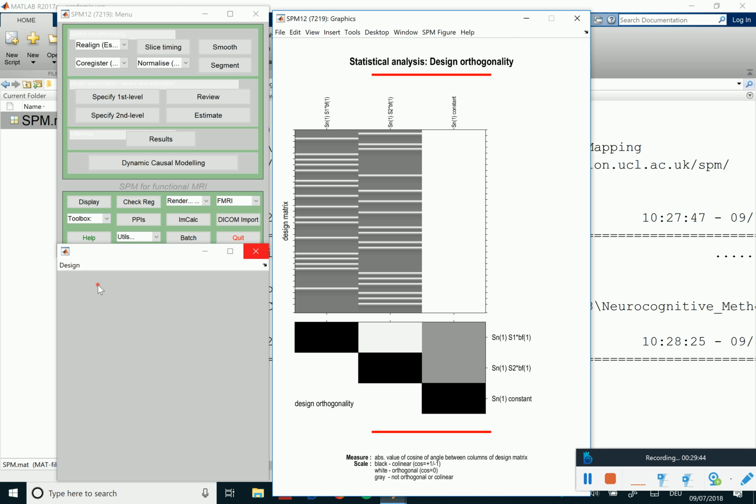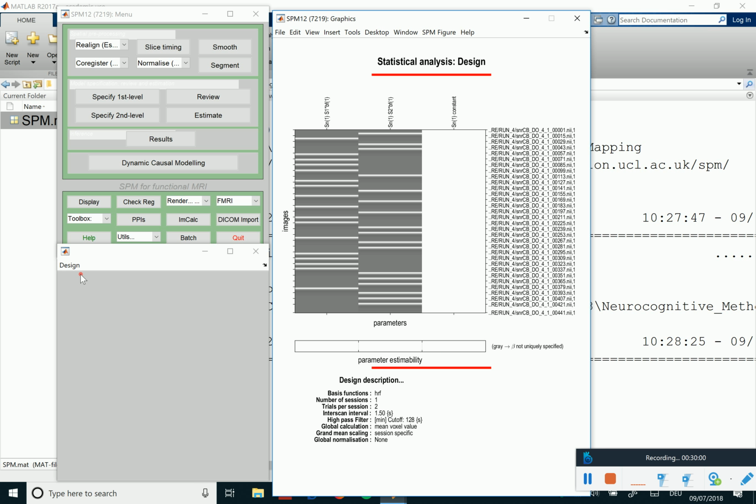Oh yeah, here it shows you how orthogonal things are. Somewhere there was this. Oh yeah, this I mean.